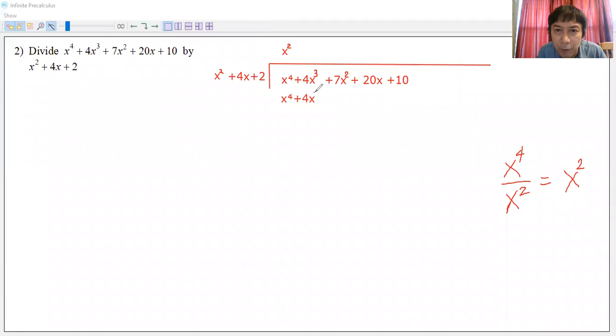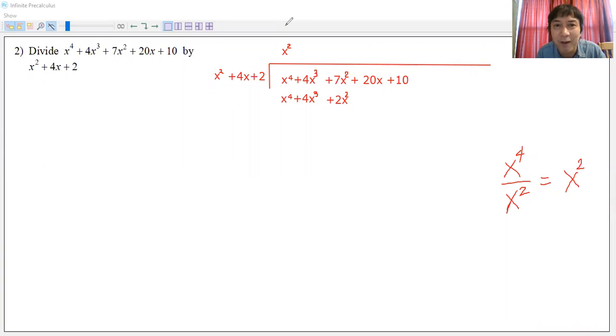After which the next multiplication is plus 2 and the x squared. That gives us 2x squared. So it will be over here, plus 2x squared. All right, we're done with the multiplication.